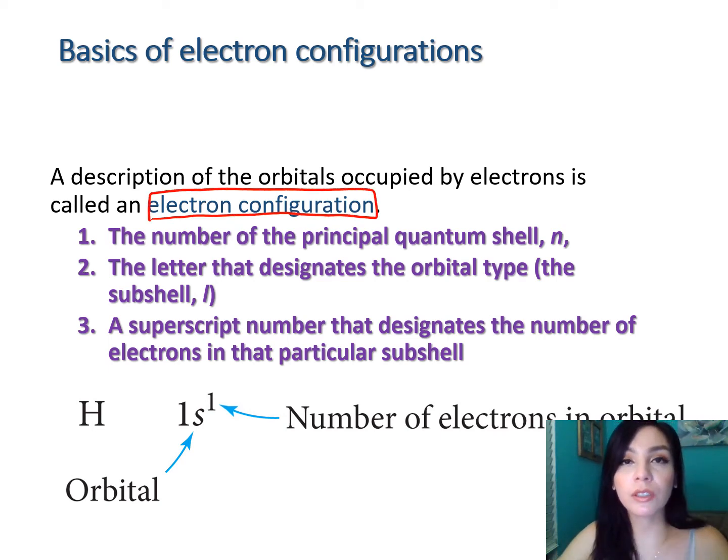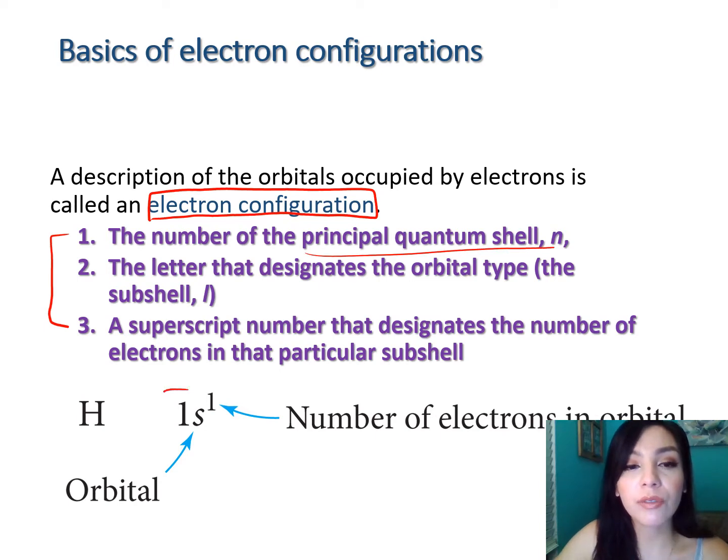So this is just a description of where the electrons are in whatever given atom or element you're looking at. You have three different components that make up an electron configuration. You have the principal quantum number, the n value. That is your first value, the number in front of the letter. Now the letter designates the orbital type.